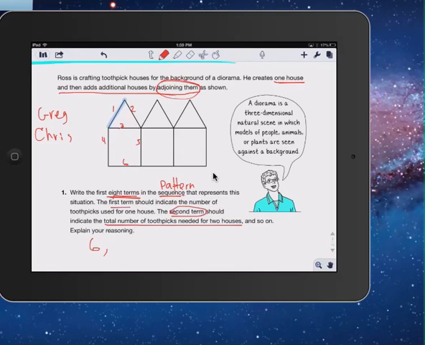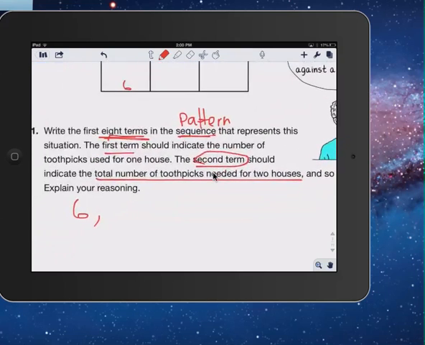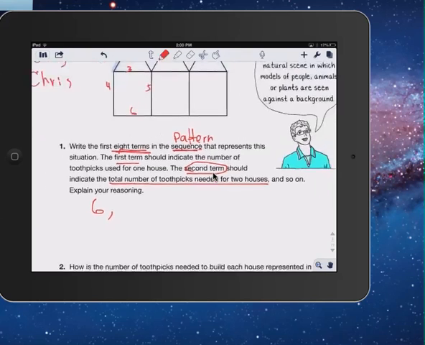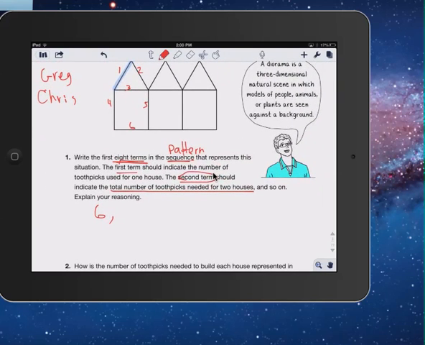The total number of toothpicks for 2 houses. Total means what? Everything. So how many toothpicks total for 2 houses?